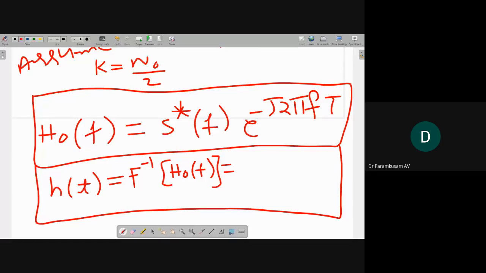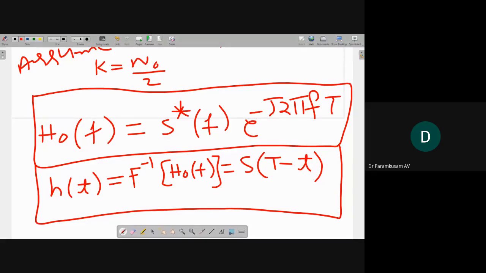And applying the time shifting property, this is equal to s of capital T minus t. This is a very important derivation. h of t is equal to s of capital T minus t. So this is the required unit impulse response of the optimum filter.